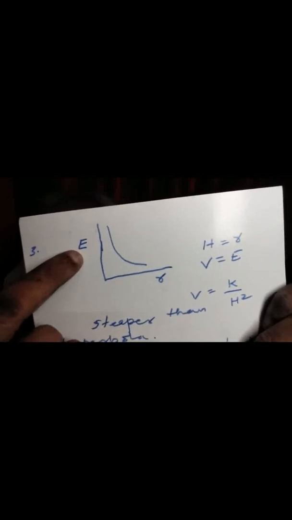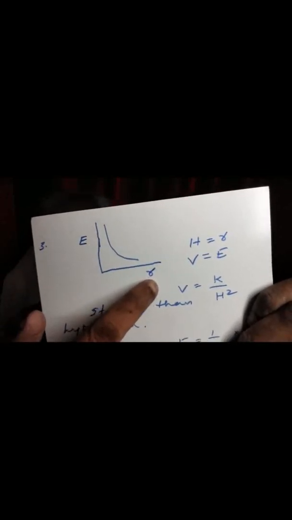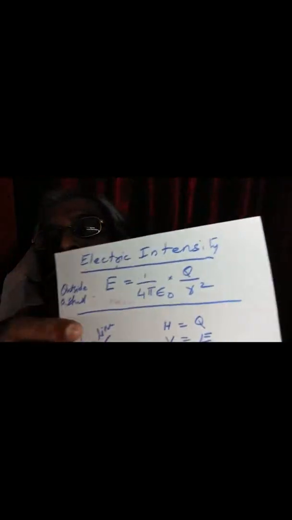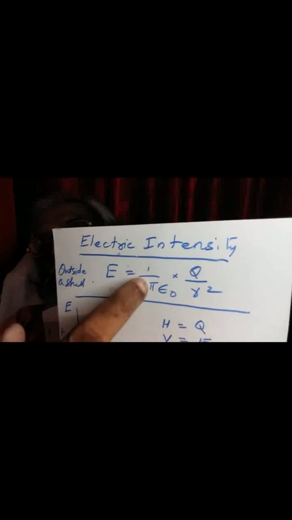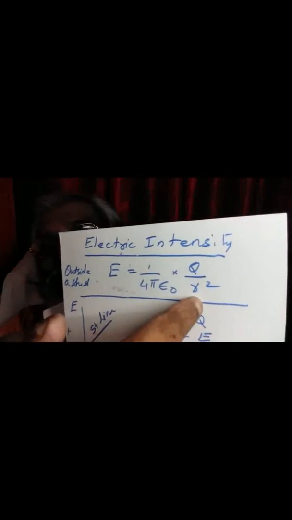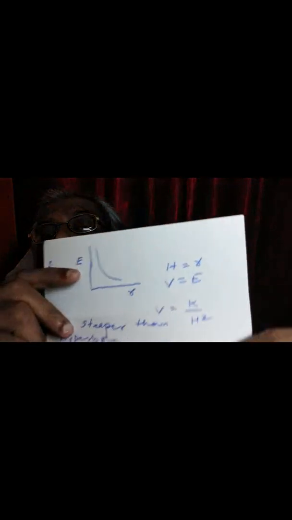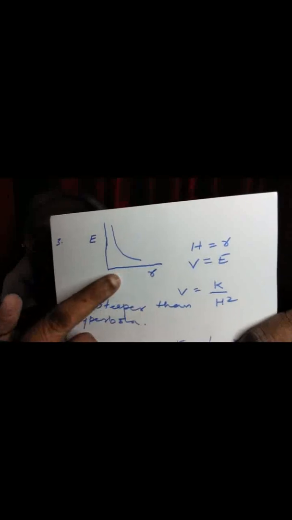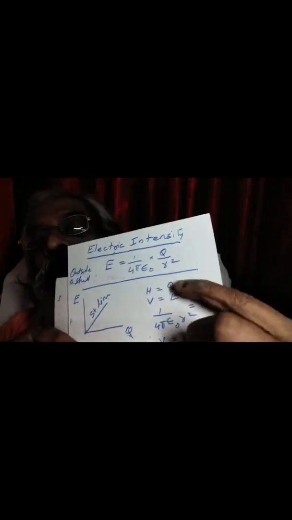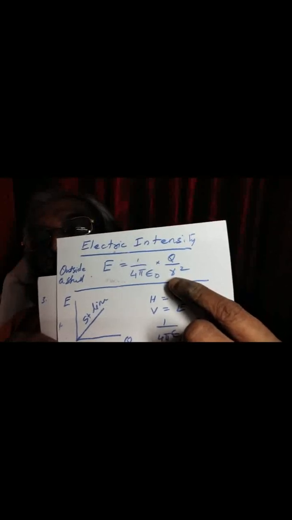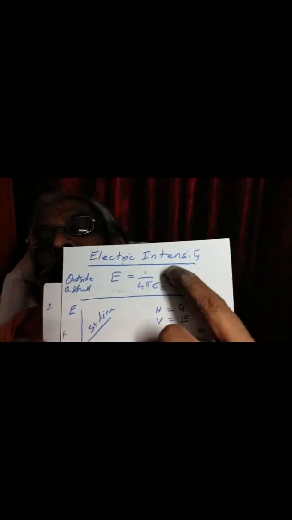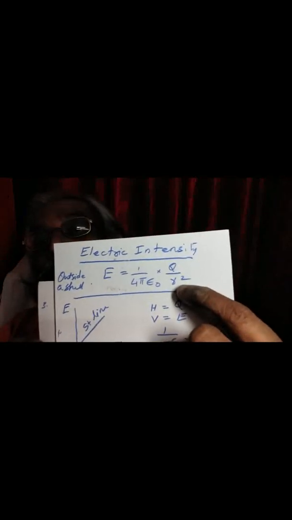Here V equals E, H equals R. So the intensity equation becomes V equals K by H square, because V is E and H is R. So here in this equation, you put H in the place of R. So you get V equals K by H square.